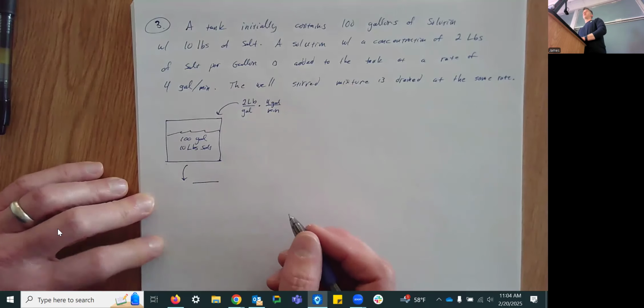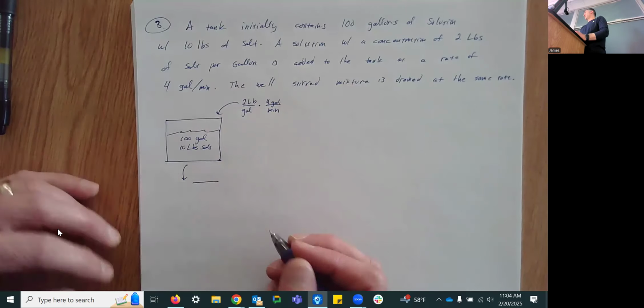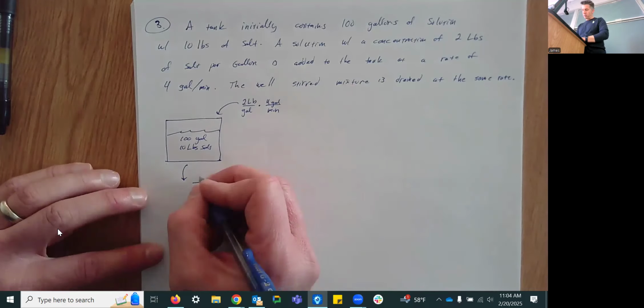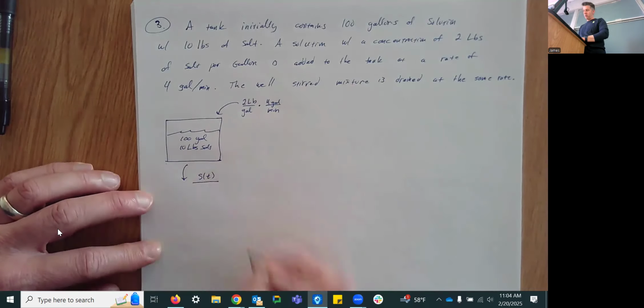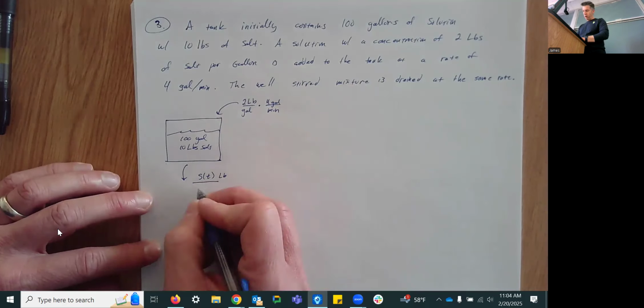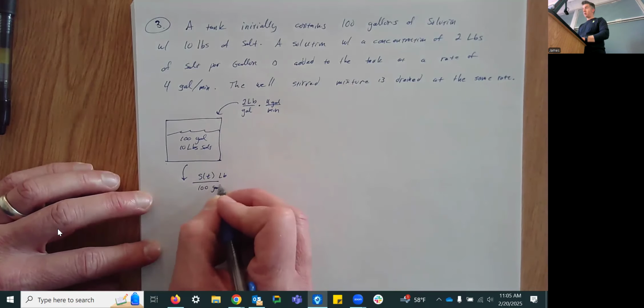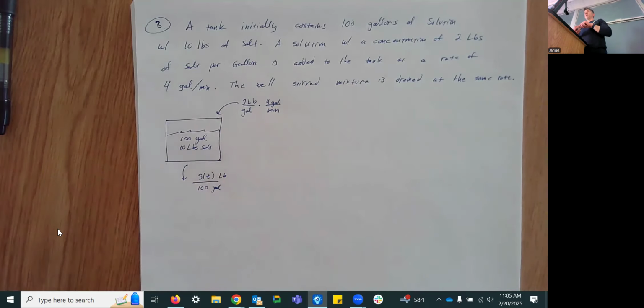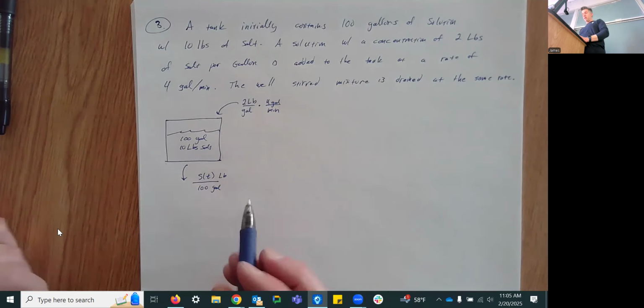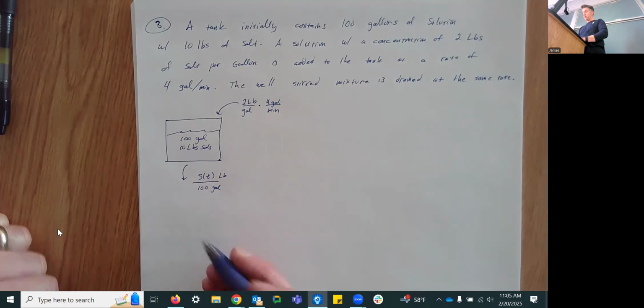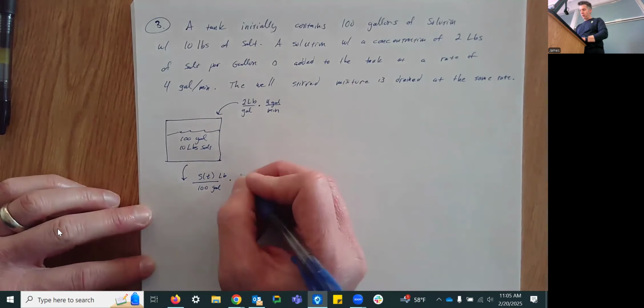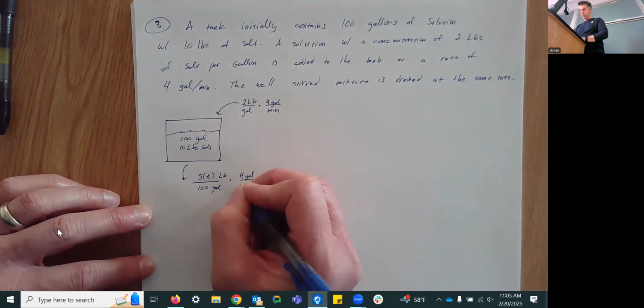It's whatever we're going to call the amount of salt, which is going to be S of t typically. So it's S of t pounds of salt per 100 gallons of volume, because the volume isn't changing, because we're putting in 4 gallons every minute and taking out 4 gallons every minute. If it was changing, that denominator would be a little more complicated. Multiplied by the 4 gallons per minute that we are taking out.